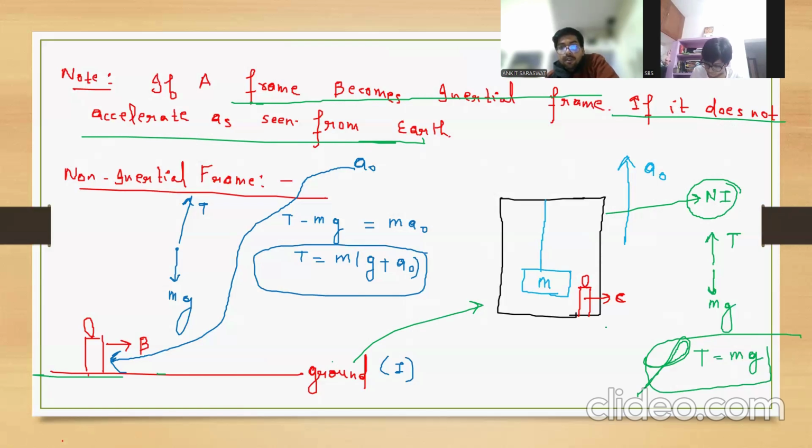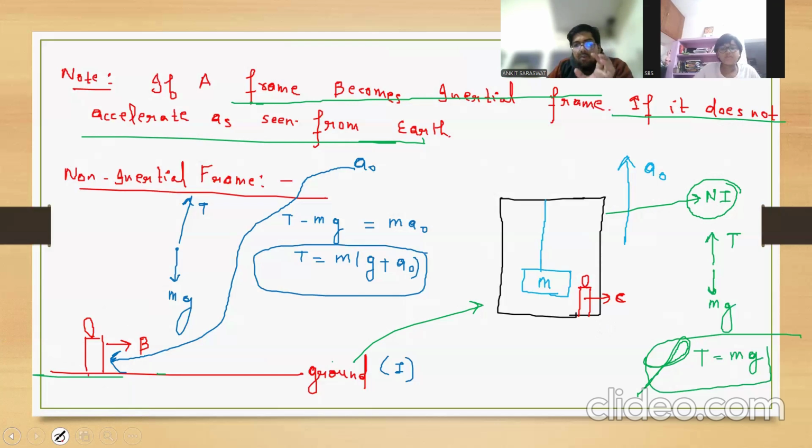Understood? But now my question is that if I want to apply Newton's law in this frame also, then how will I apply? It is as seen by B. So my question is, in the same frame, how will you apply?